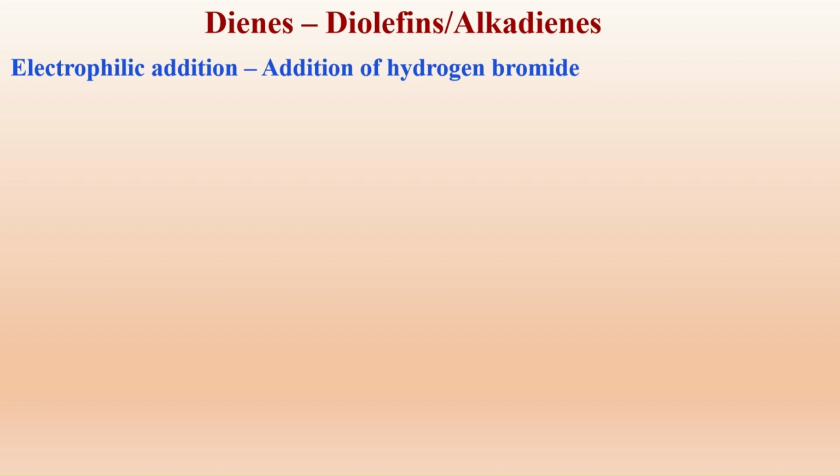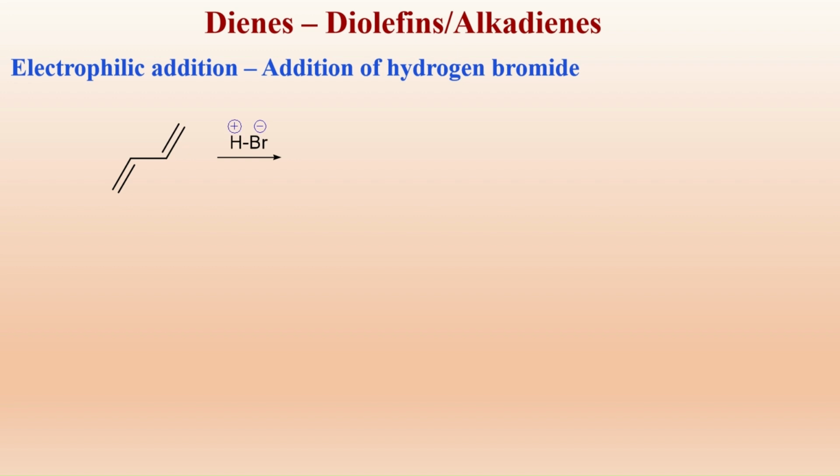Today's subject of discussion is addition of hydrogen bromide across the conjugated dienes. The simplest example for a conjugated diene is butadiene, or precisely 1,3-butadiene.